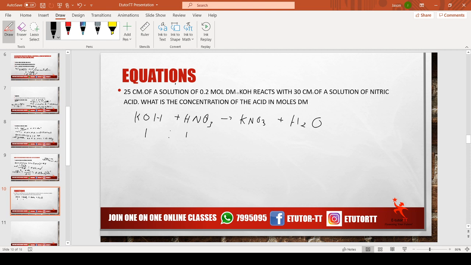So first things first, we want to work out how many moles are in the potassium hydroxide. We're going to have our equation. So you have to change that to dm cube. So you have to divide this by 1,000.